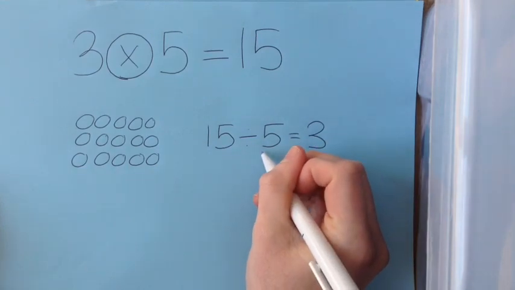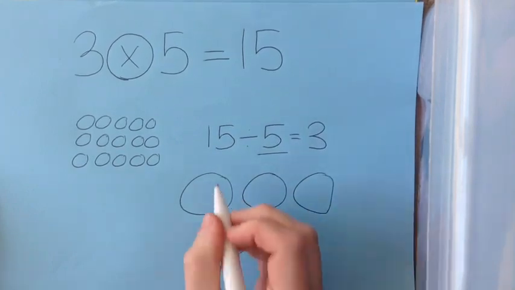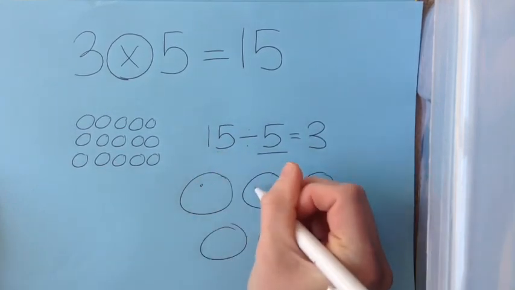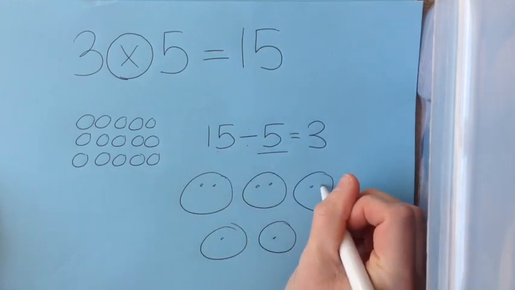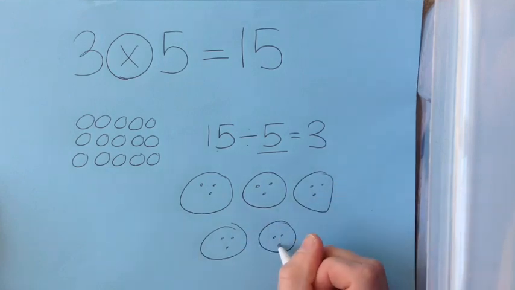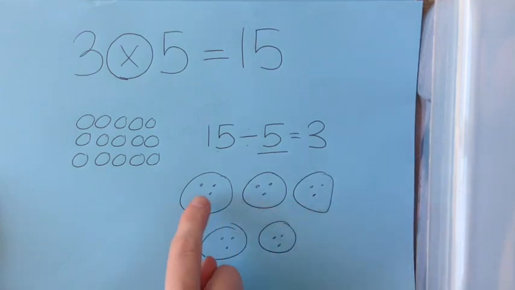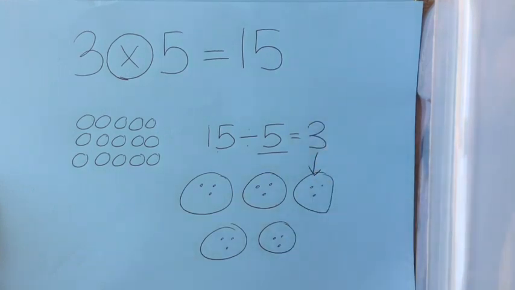So if I had 5 groups, 1, 2, 3, 4, 5, and I share my 15 out, 1, 2, 3, 4, 5, 6, 7, 8, 9, 10, 11, 12, 13, 14, 15, making sure that the number in each of those groups is equal, I know that one of those groups has the value of 3.